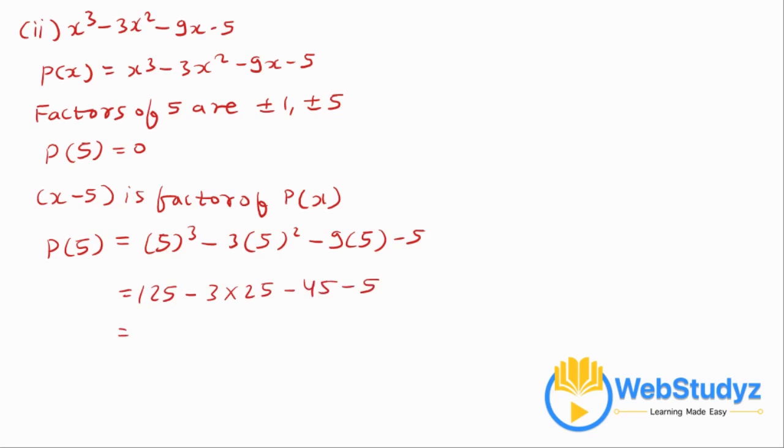So from here we get 125 minus 75 minus 50. So this will be equal to 125 minus 125. That means this will be equal to 0. That means we are right that x minus 5 is a factor of p(x).